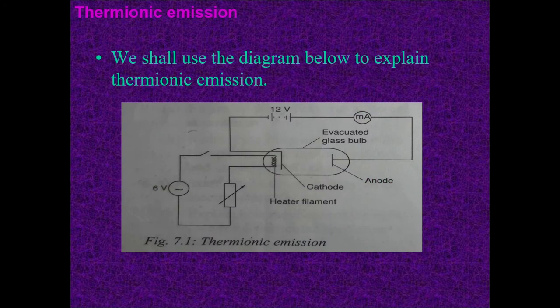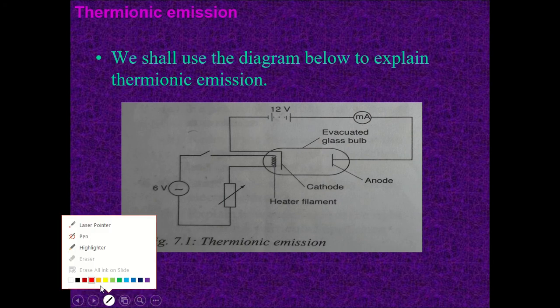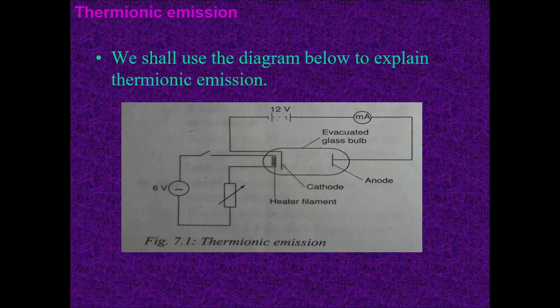Now, let us look at thermionic emission under the environment of a cathode, the cathode ray tube or cathode rays. We shall use this diagram here on the screen to explain that. In this case, we have two circuits.